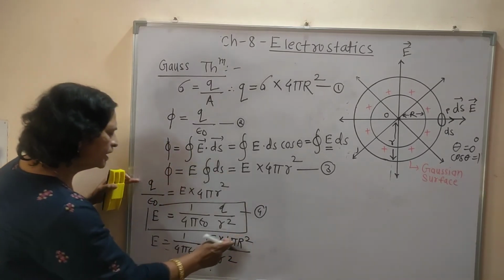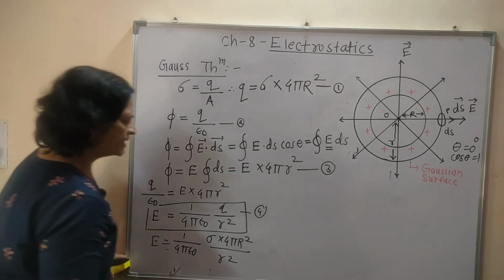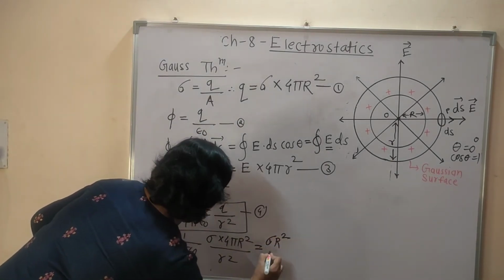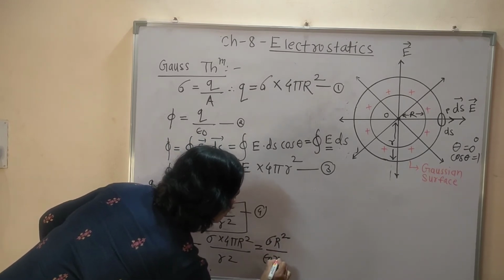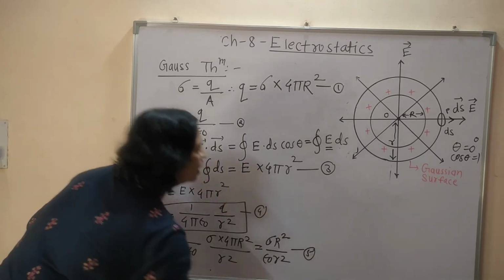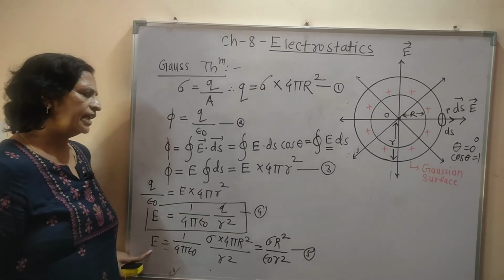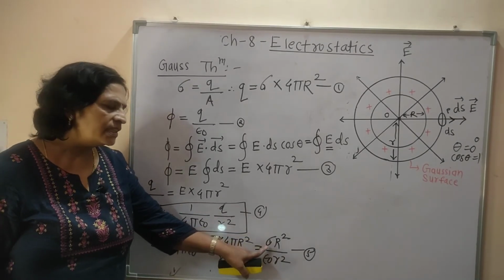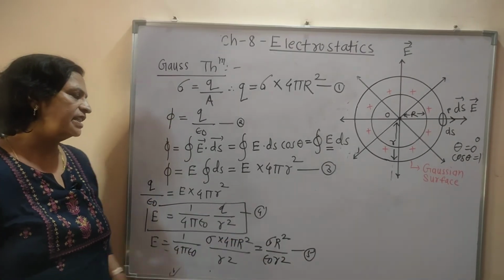Then the 4 pi gets cancelled, and we get sigma divided by epsilon naught. This is another formula to calculate the electric intensity. This one is in terms of charge Q, and this one is in terms of surface charge density.